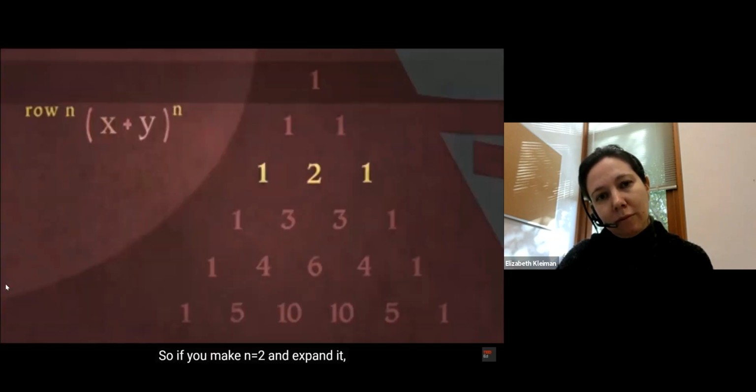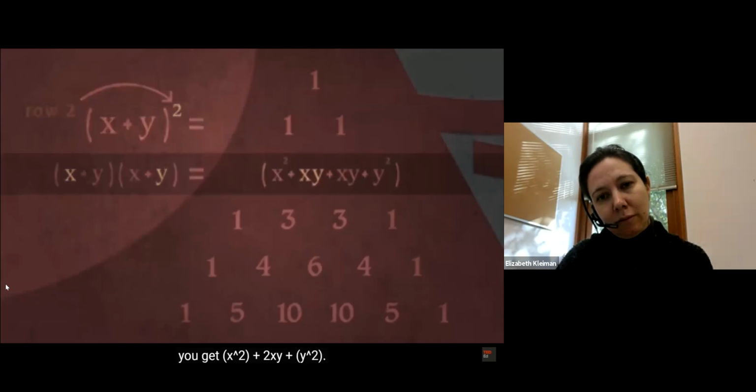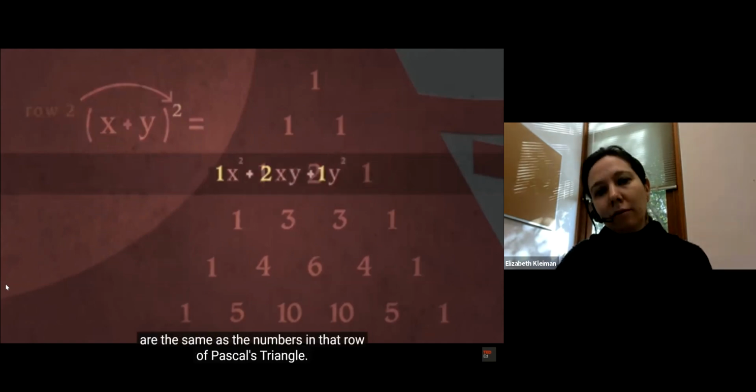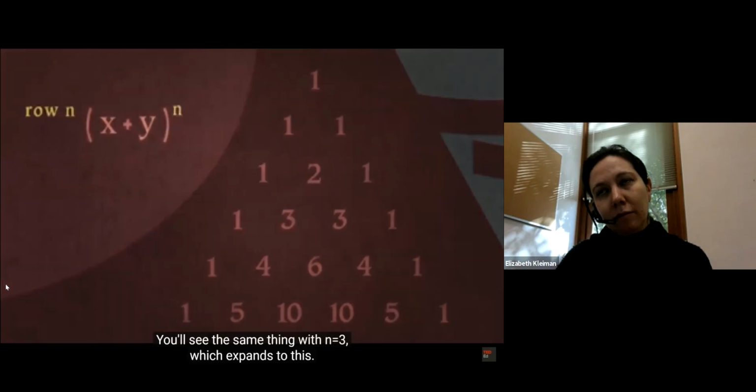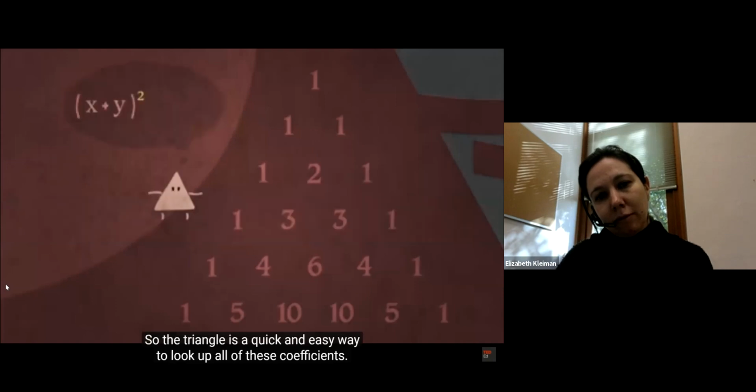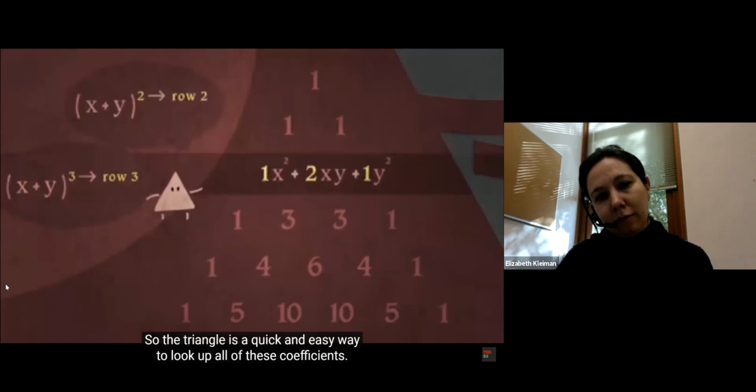So if you make n equal 2 and expand it, you get x squared plus 2xy plus y squared. The coefficients, or numbers in front of the variables, are the same as the numbers in that row of Pascal's triangle. You'll see the same thing with n equals 3, which expands to this. So the triangle is a quick and easy way to look up all of these coefficients.